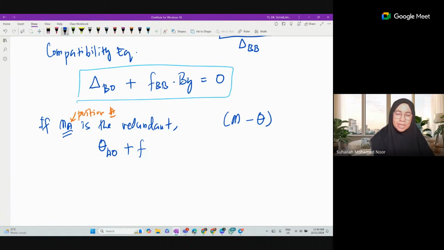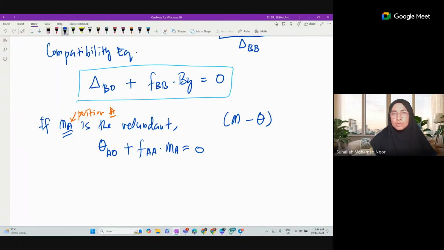F remains in the redundant system. And position A, redundant MA, we use A here. So it becomes FAA. FAA times MA, the redundant. So we use redundant MA applied. So this is also equal to 0. This is the compatibility equation when moment at A is the redundant.